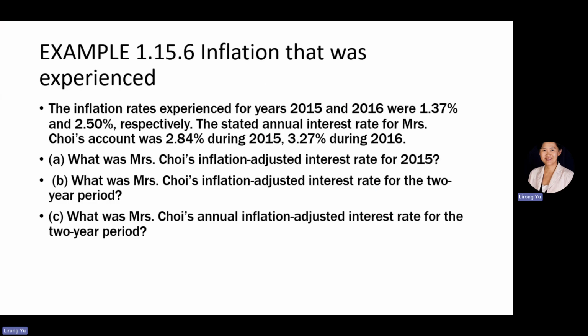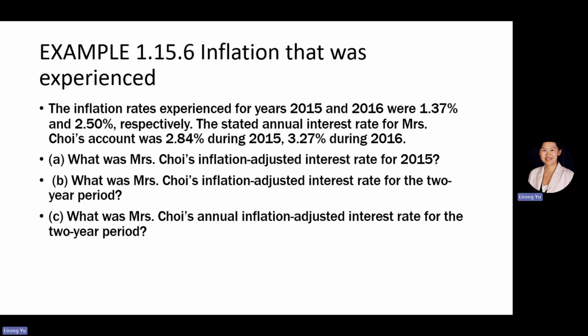Okay, so let's look at an example of how the formula can be applied when you study inflation. The question says, suppose the inflation rates in 2015 and 2016 were 1.37 and 2.5. These are quoted inflation rates. You can Google what the inflation rate is this year, and you might be able to find the inflation rate for 2024.